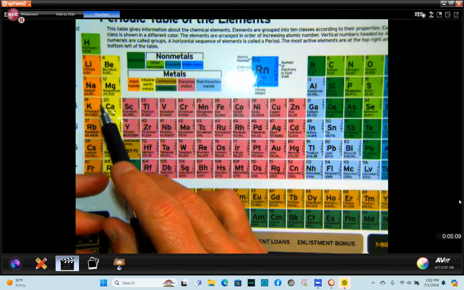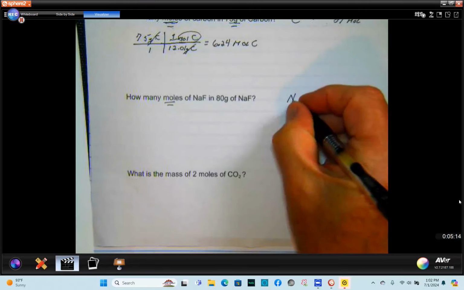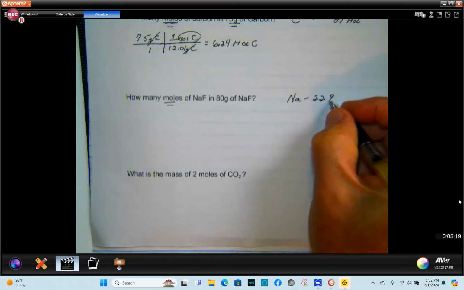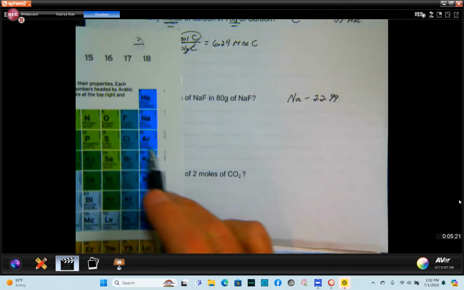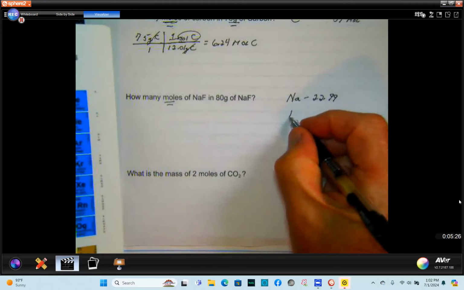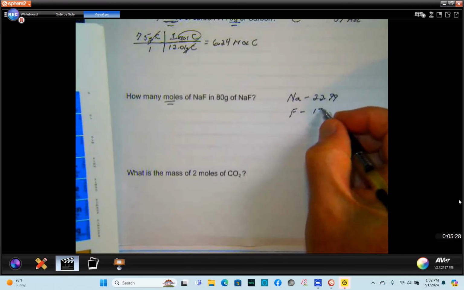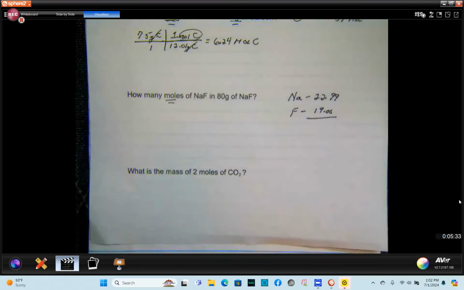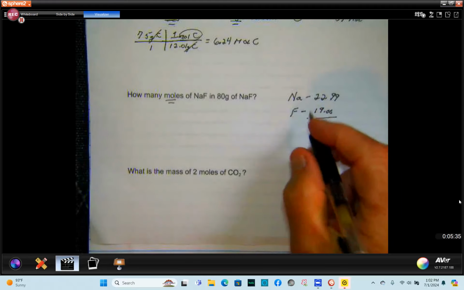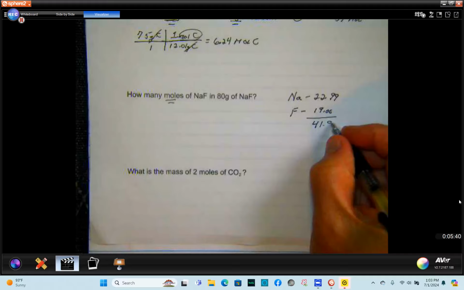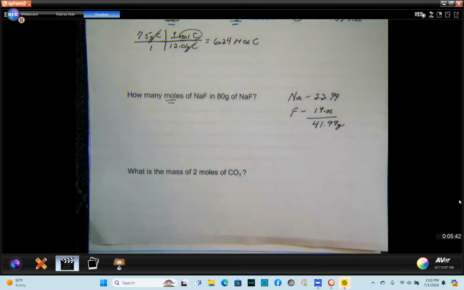Sodium has a mass of 22.99, and fluorine a mass of 18.998, and we're going to call that 19. So then our mass of sodium fluoride is going to be 41.99 grams. And again, that's going to be per mole.